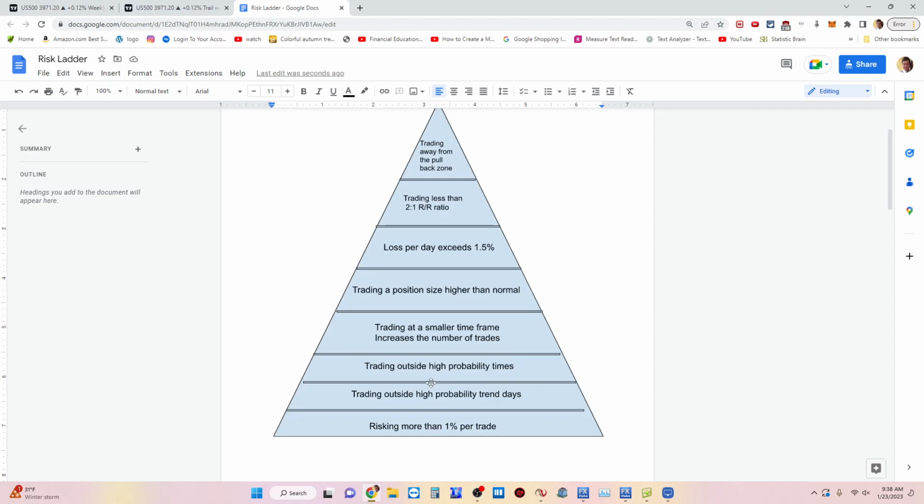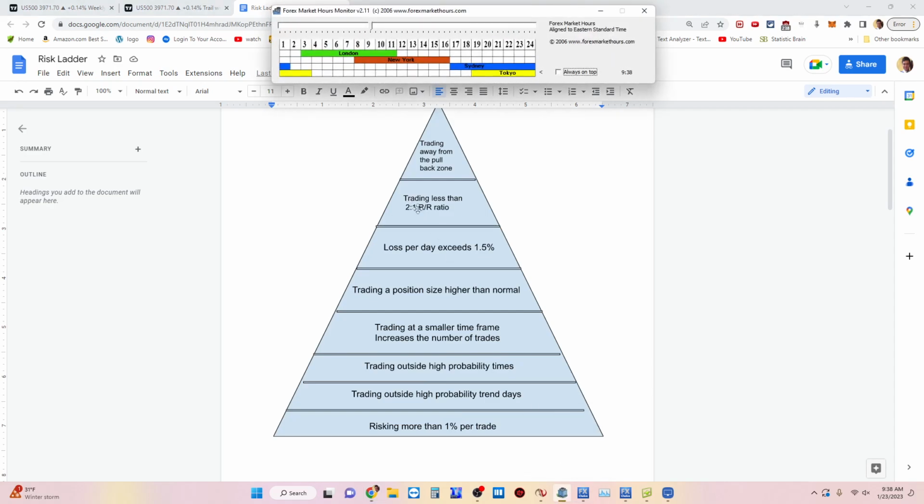The high probability trend days are Tuesday, Wednesday, Thursday. I'm just taking a chance here. And then trading outside high probability times, which is pretty much like noon to the Asia session, and then about 6 and anything before 6 a.m. in the London session.